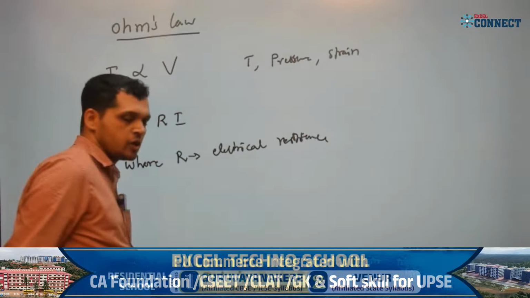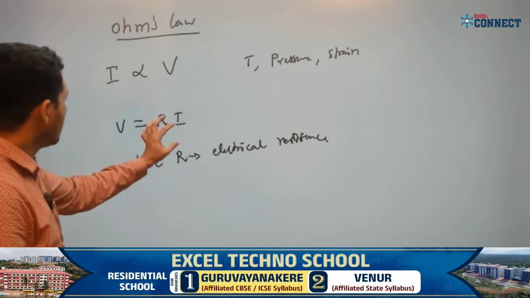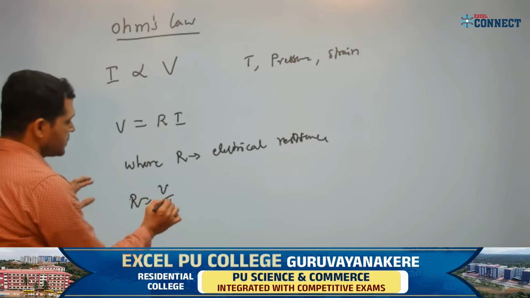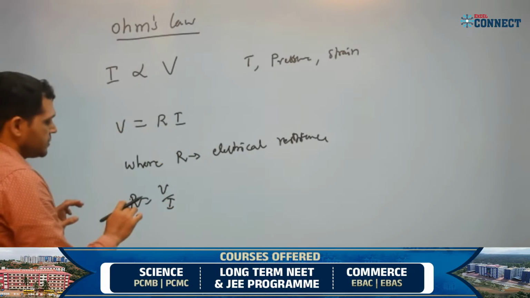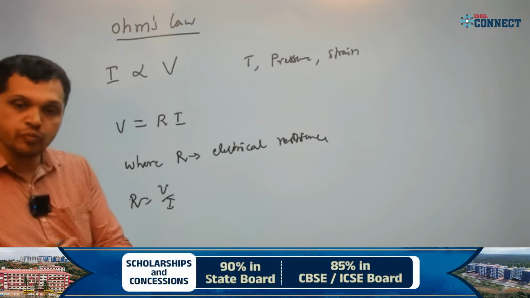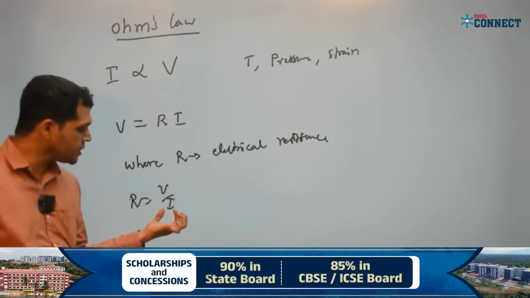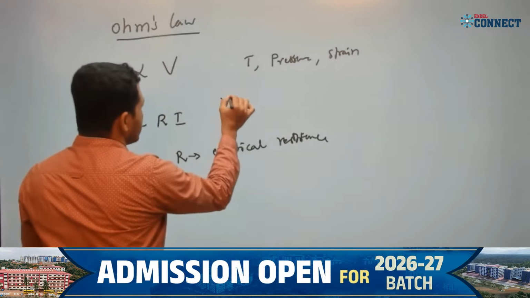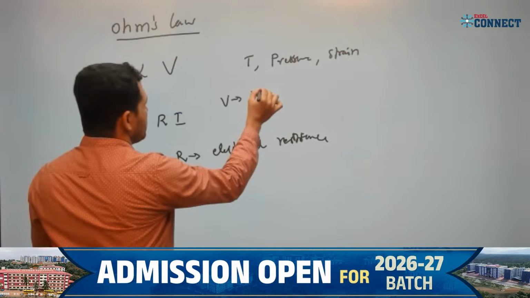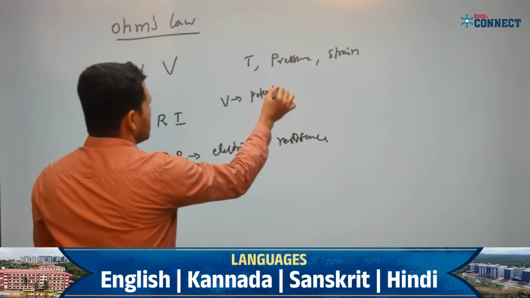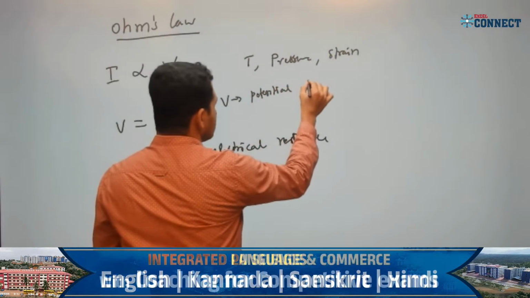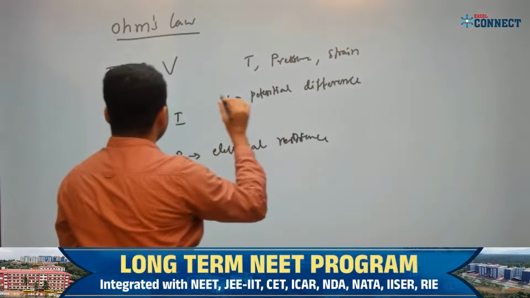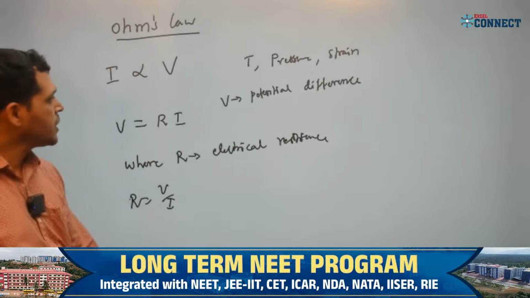Or we can write R is equal to V by I. So we can define resistance using V and I, where V is the potential difference and I is the current.